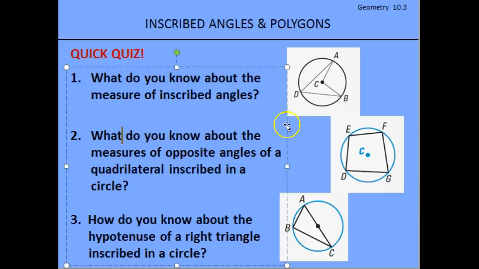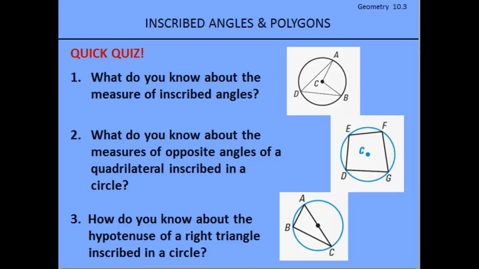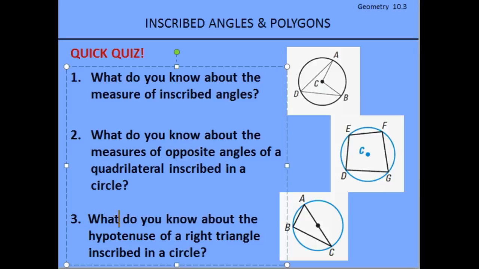What do you know about the measure of opposite angles of a quadrilateral inscribed in a circle? And what do you know about the hypotenuse? Let me just change that too. Terrible mistakes. What do you know about the hypotenuse of a right triangle inscribed in a circle?